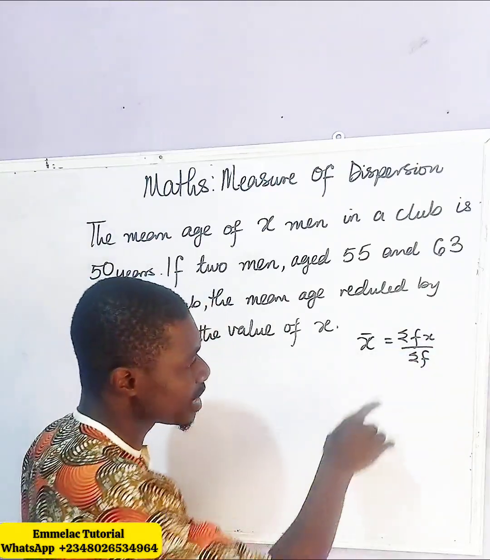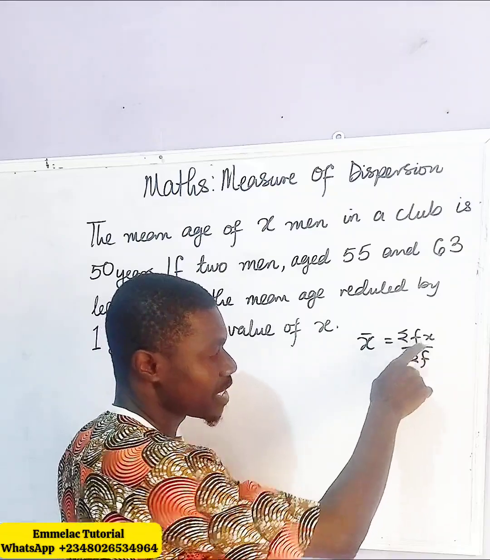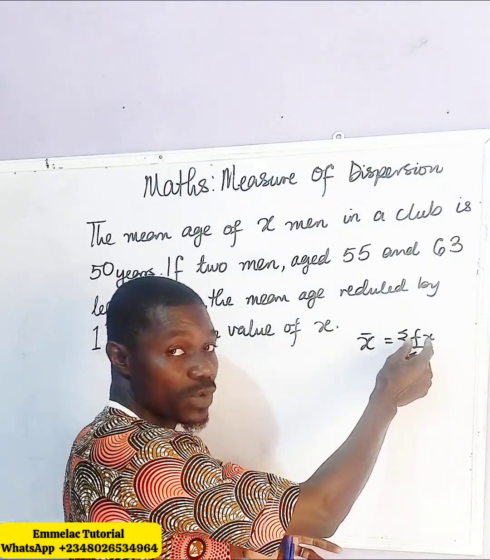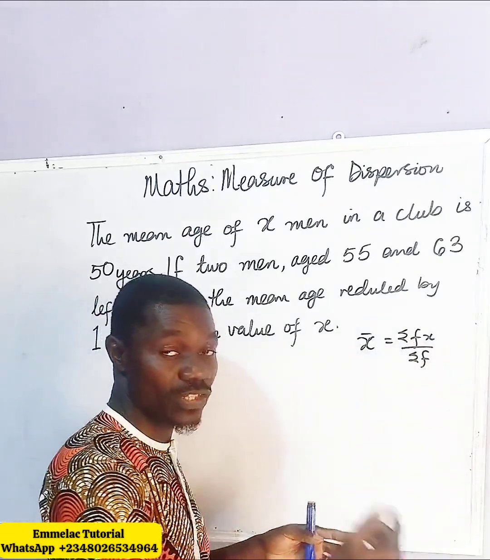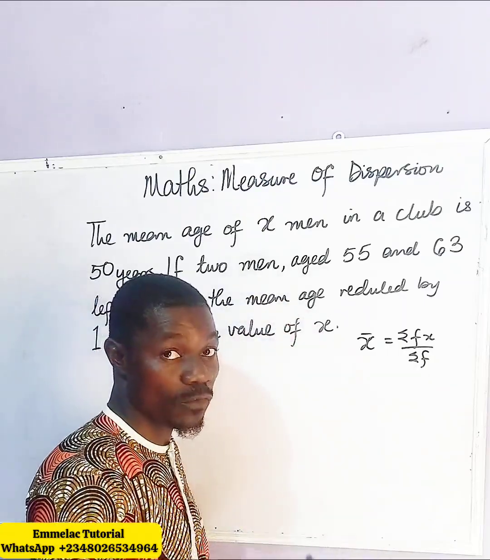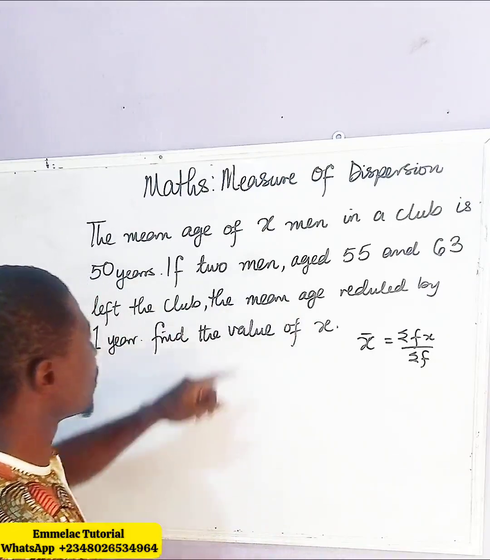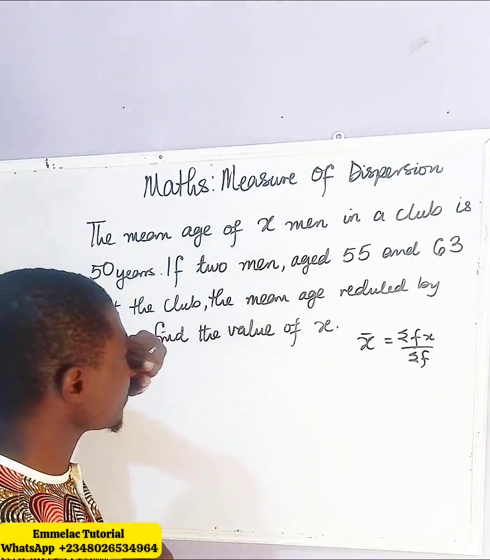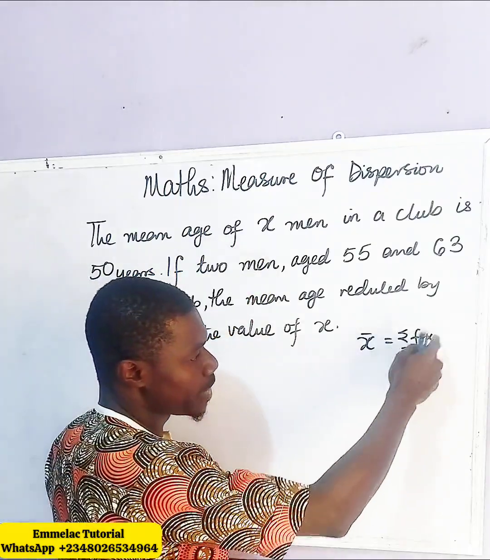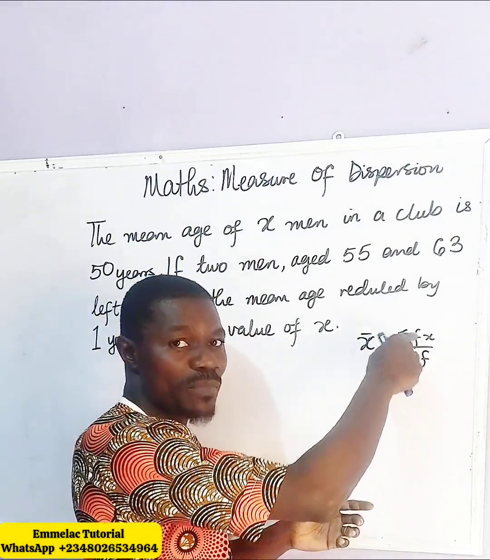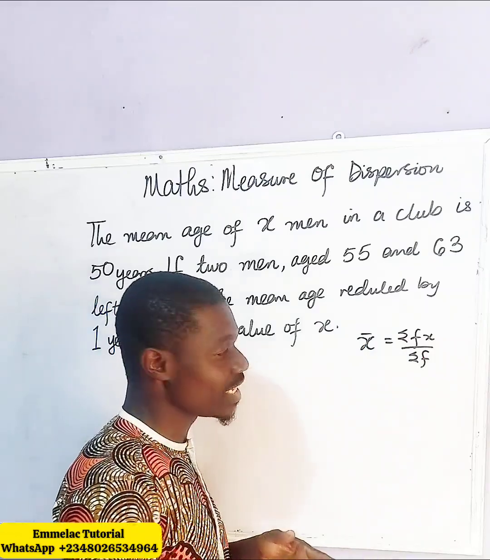Which means the frequency and the data are multiplied, the sum of the product of the frequency and the ages, all over the number of men. However, we are told that the number of men here is x, but we don't know anything regarding the product of the number of men and their ages.